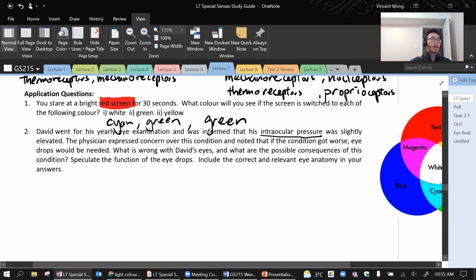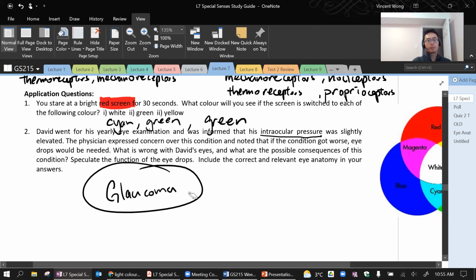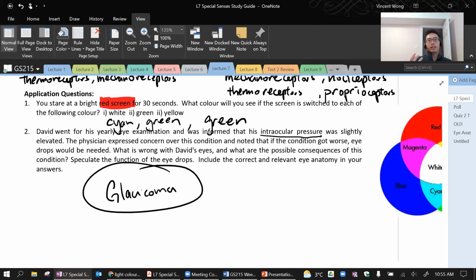Okay, so I mentioned earlier that if the eye pressure keeps on going up, it might lead to a condition called glaucoma. Usually it happens in older people, like you might even know someone who has glaucoma. Glaucoma is a result of a damaged optic nerve.